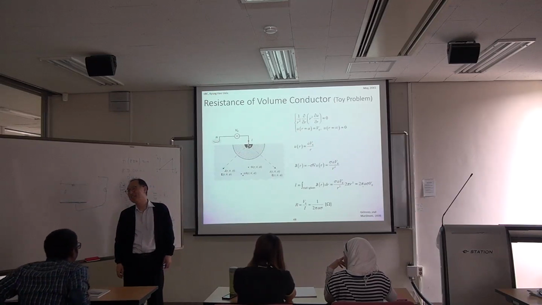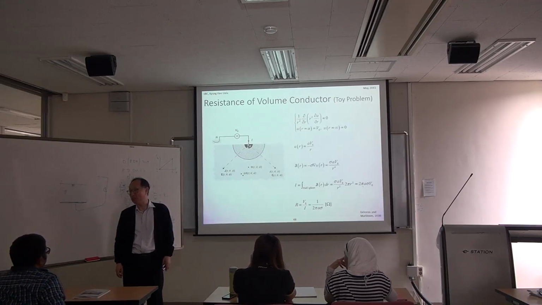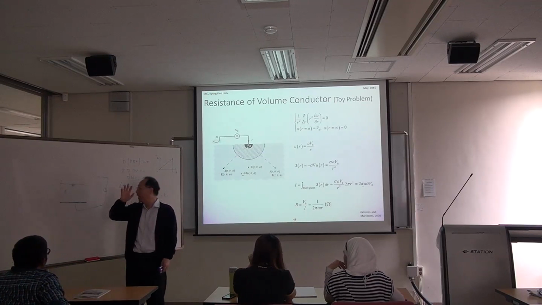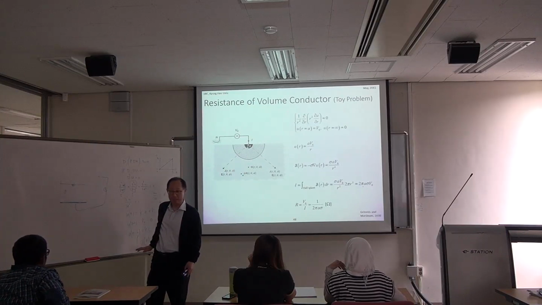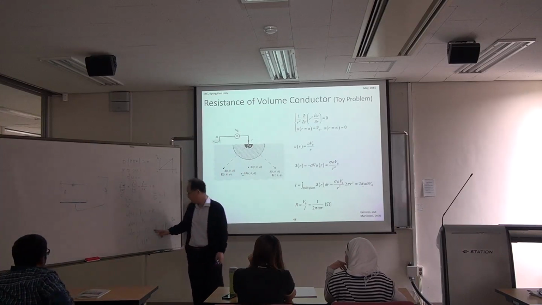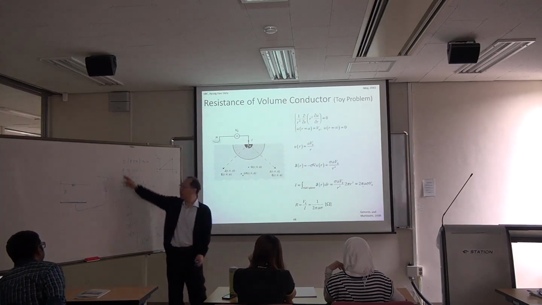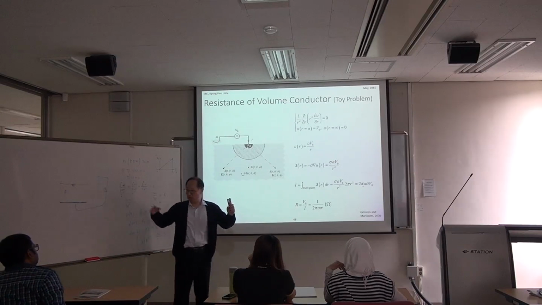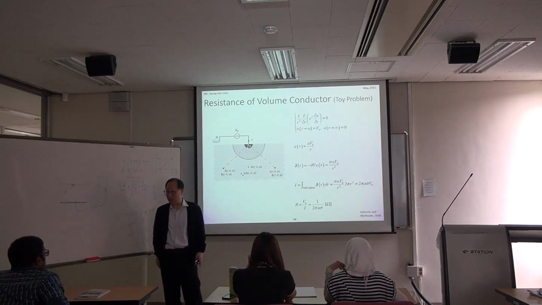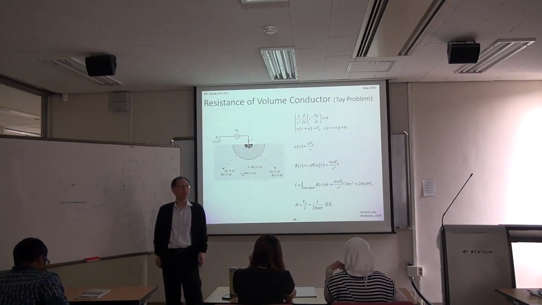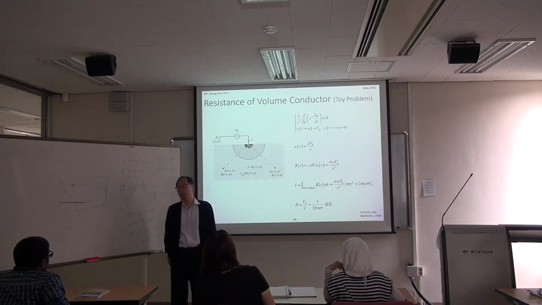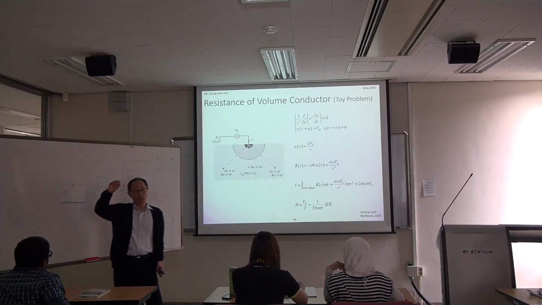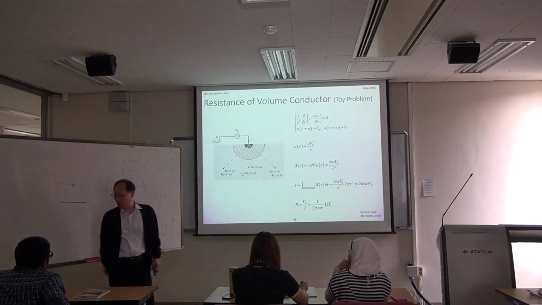Then we repeat the same process again. We find the voltage, and then we find the current density as the gradient of voltage multiplied by conductivity, and then we find the total current by calculating the surface integral of the current density, and then we calculate voltage divided by that total current.